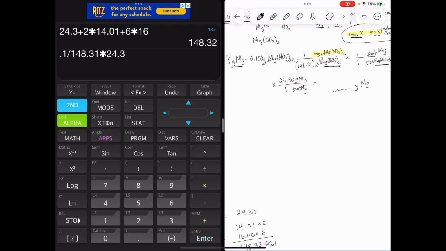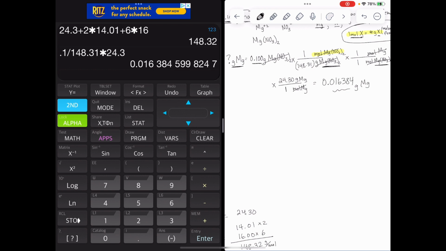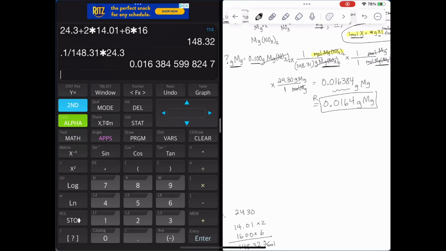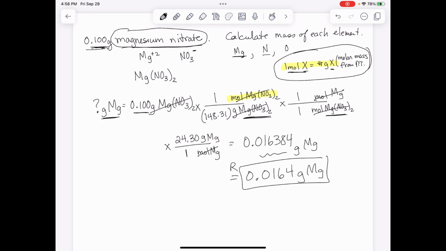I did not click any of the times ones or divided by ones, because anything times 1 is itself, anything divided by 1 is itself. And this answer is 0.016384. It looks like I'm going to need to go to 3 sig figs for my rounding, 0.0164 grams of magnesium. So that's my grams of magnesium.